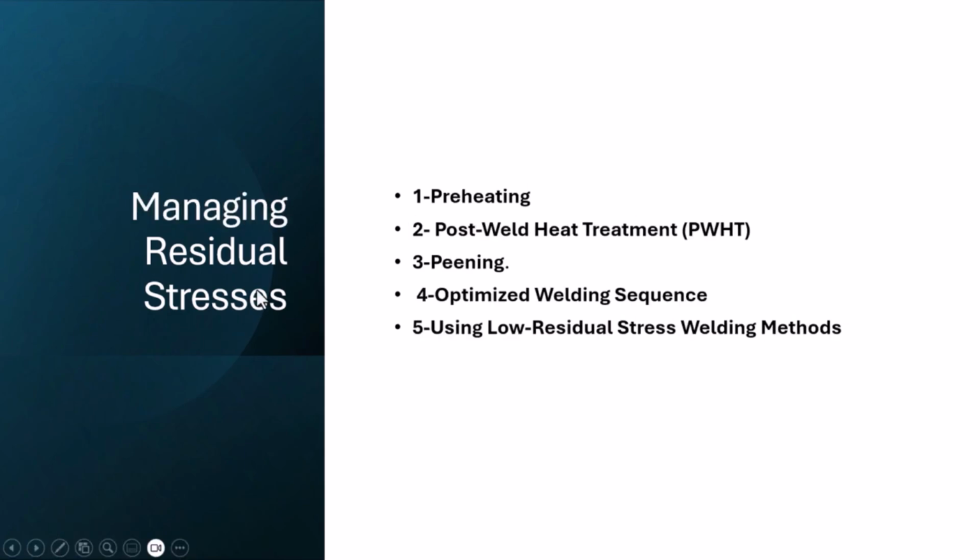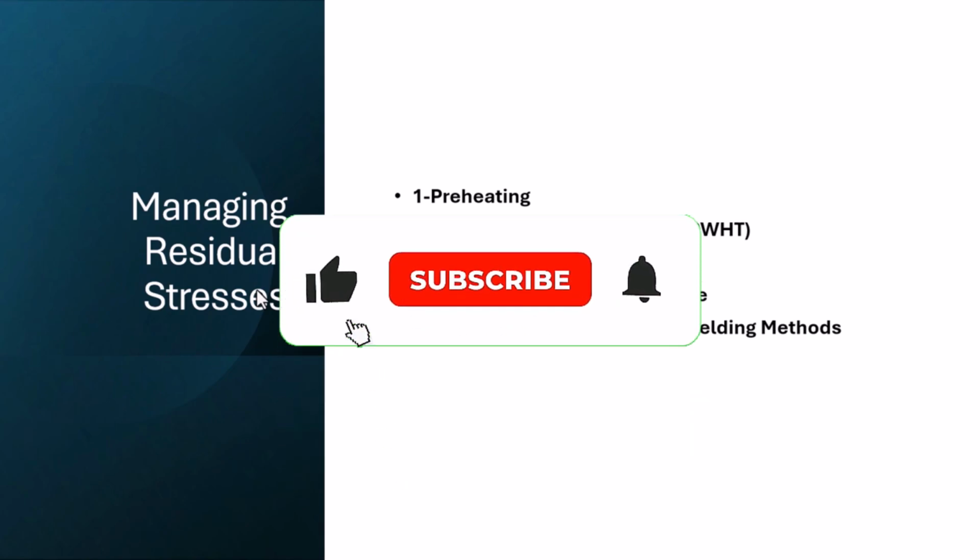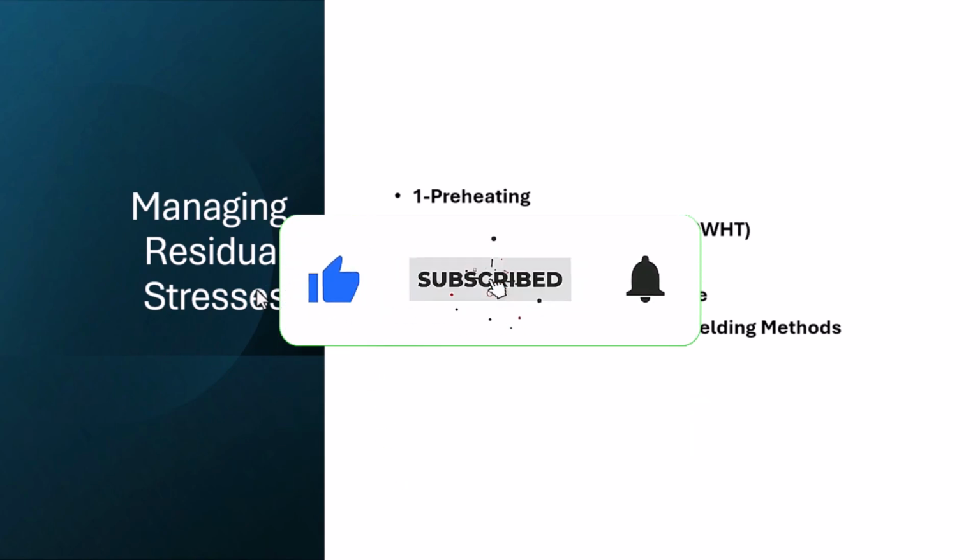So how can we resolve this issue? One way is preheating. For instance, before welding, we can do the preheating. This preheating can slow down the cooling rate, so the material doesn't cool down faster.